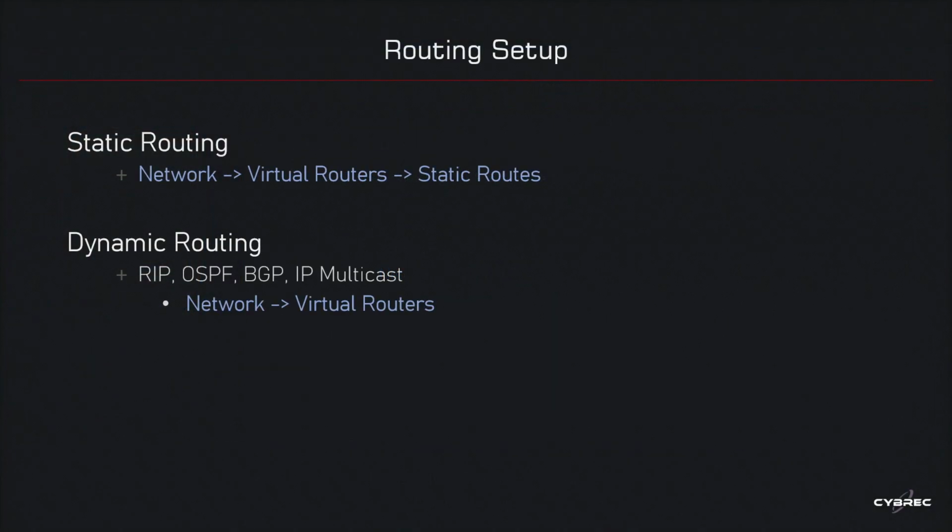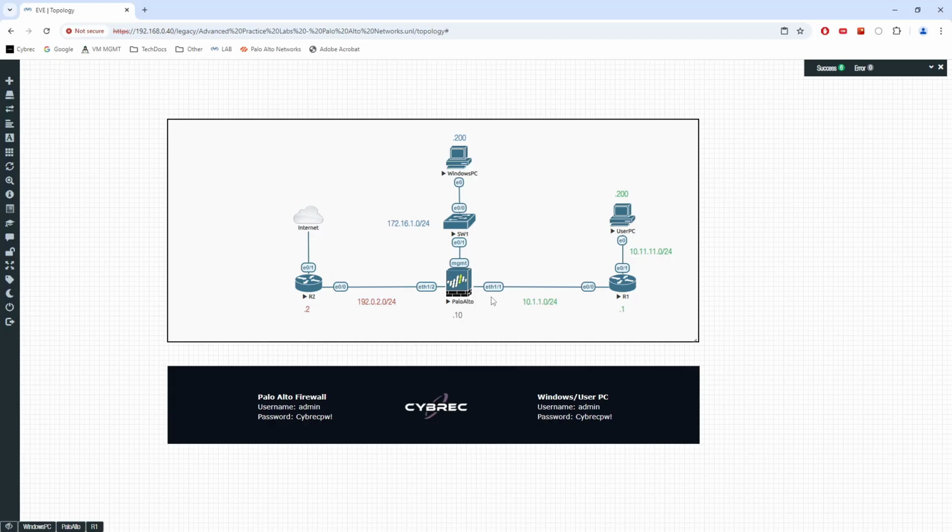We will configure a static route to point to router 2 on the outside, so the firewall knows how to get to the internet. So this is going to be a static default route where I'm going to point to router 2, and then on the inside we will use OSPF.